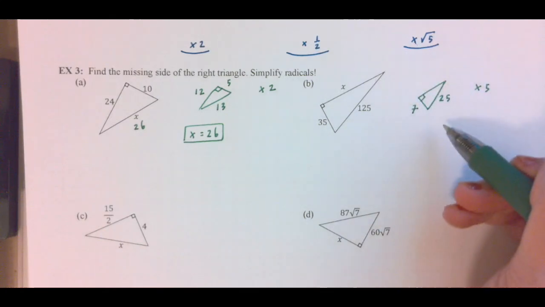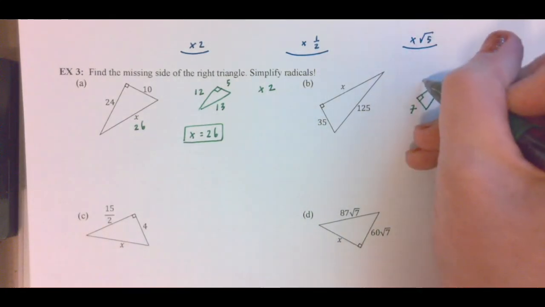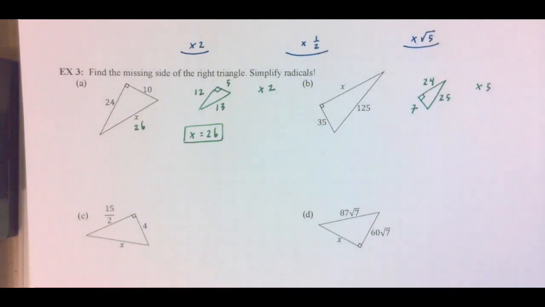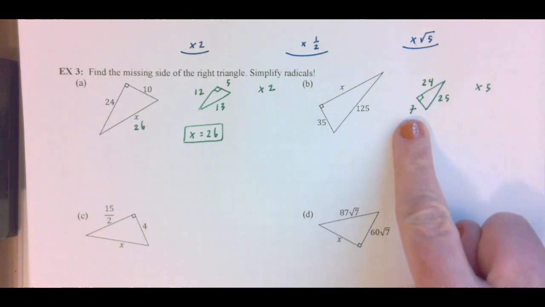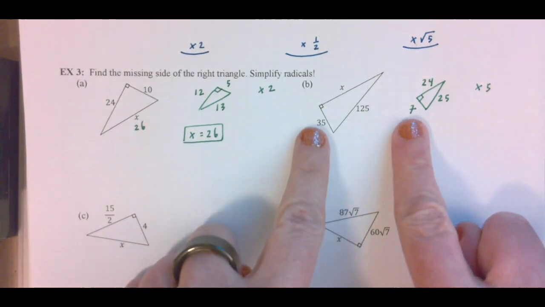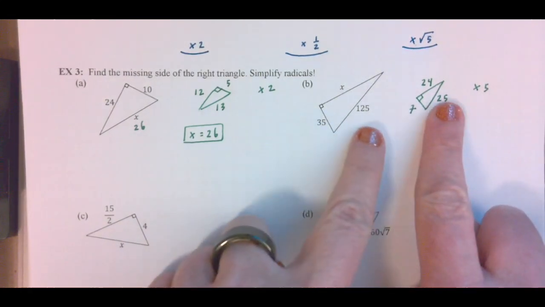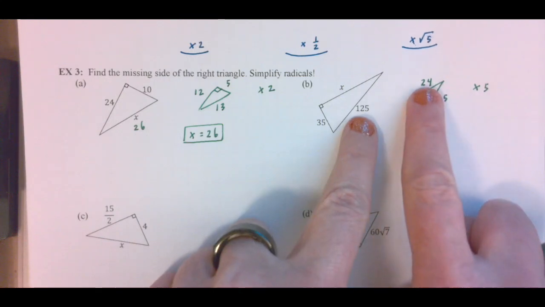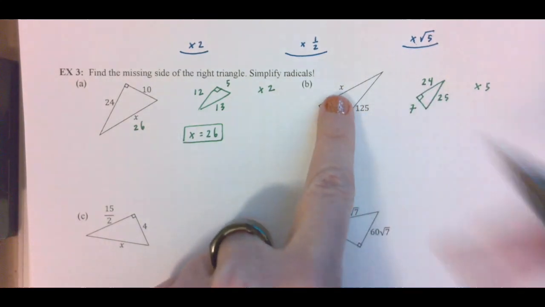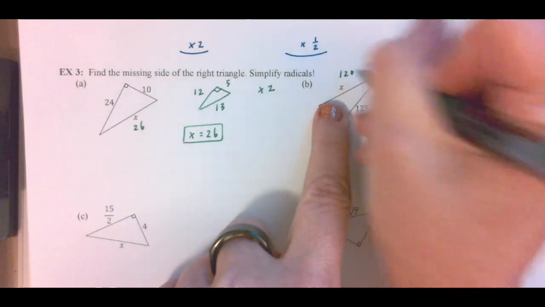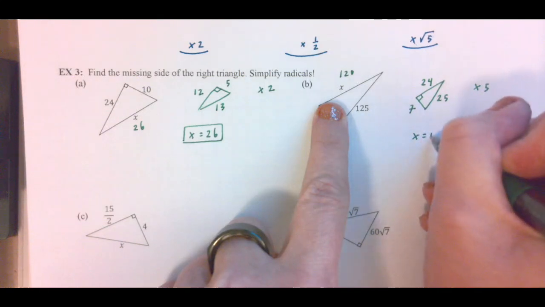And I recognize this right triangle as a 7, 24, 25. So if I multiply the 7 back by 5, I'm at 35. 25 times 5, I'm at 125. So 24 times 5, I'm at 120. X is 120.